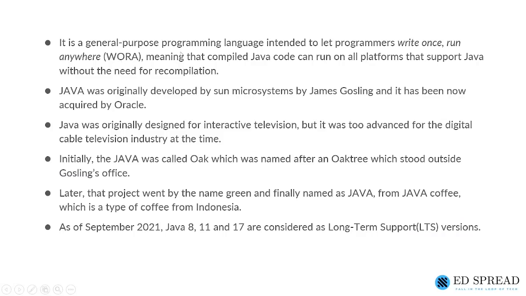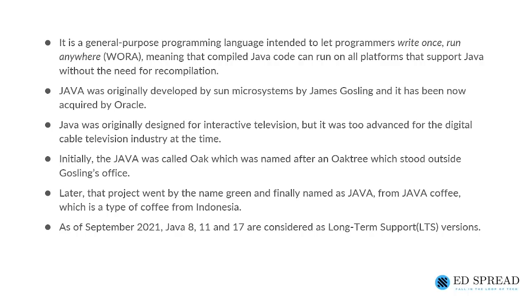Java is a general programming language intended to let programmers write once, run anywhere. Okay, so once you write your program inside your system, you can use that code anywhere else where Java is supported. So you can export that code to some other computer, import it there, and run it there. But the only condition is there should be Java inside that particular computer, right?